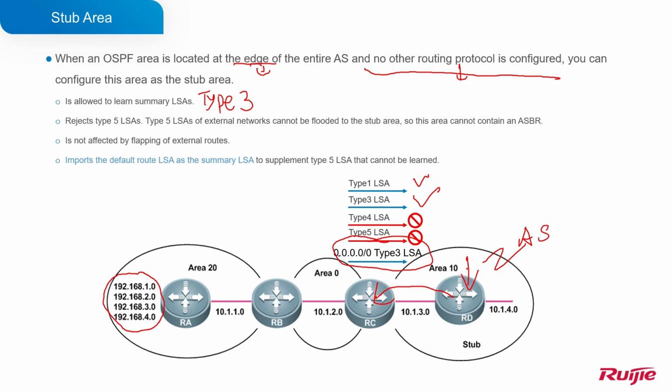We use 0.0.0.0, this type 3 LSA, to access the external network instead of the detailed type 4 LSA and type 5 LSA information. Okay, so these are the key points of the stub area.